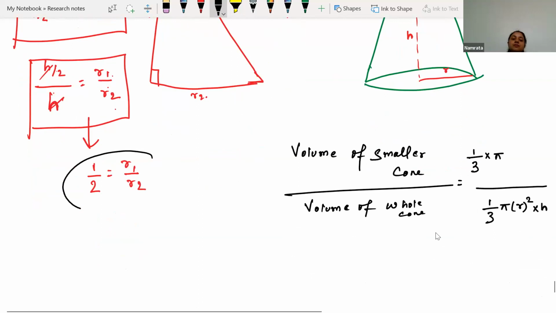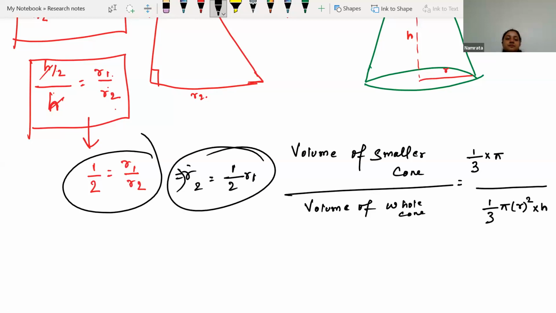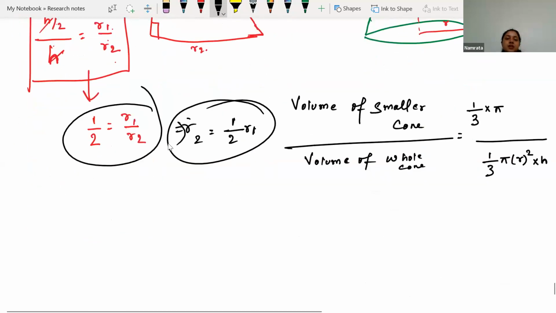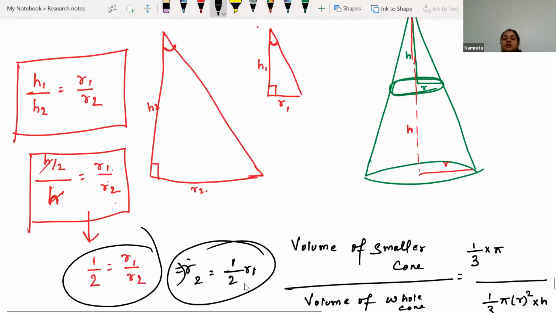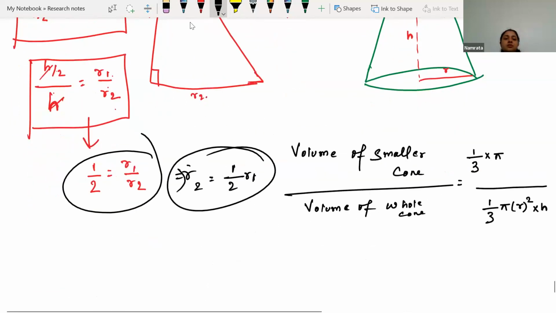Can you see? R2 is equal to half of R1? Wait, just a moment.